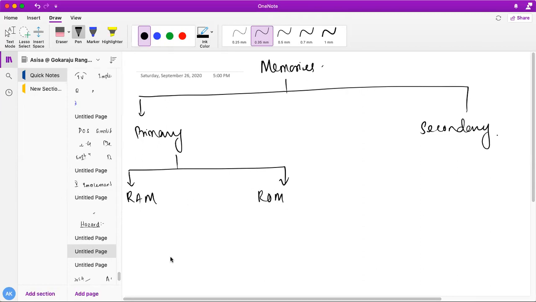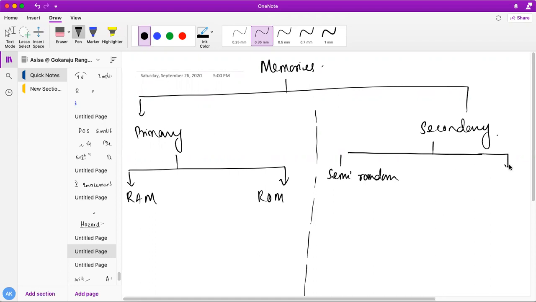These are all very important. Next, what is secondary memory? Secondary memory is some kind of semi-random memory and serial access memory. You just need to know all these things.